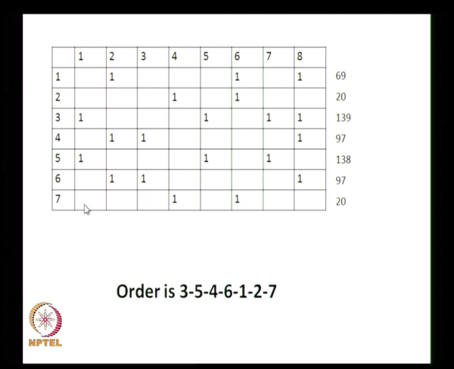So, the only thing is to check whether 3 comes first or 5 comes first. Look at the next position, both are zeros, next position both are zeros, once again both are zeros, both are 1, once again both are zeros, both are 1, there is a 1 and 0, therefore 3 will come ahead of 5.